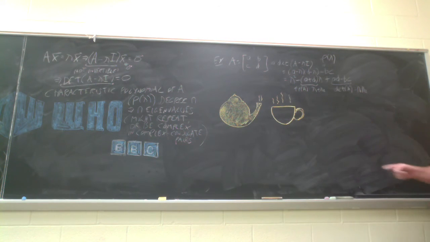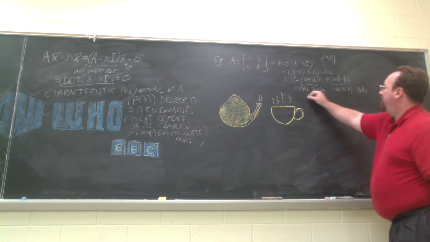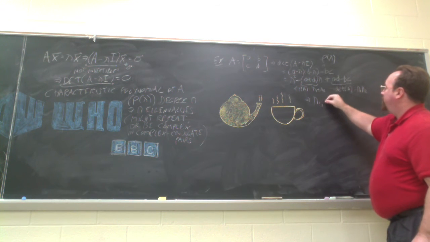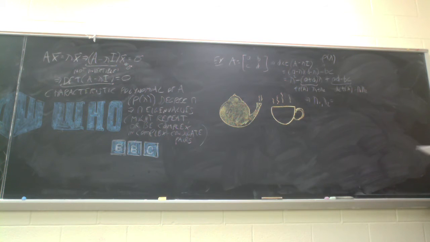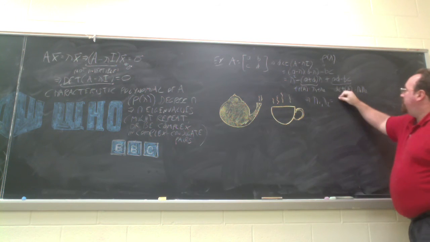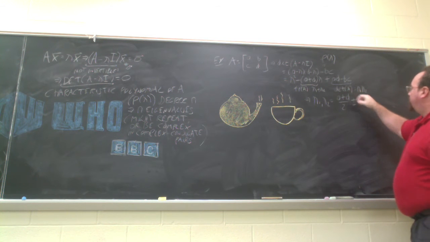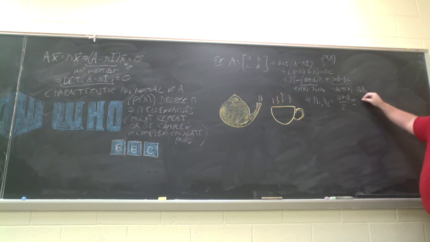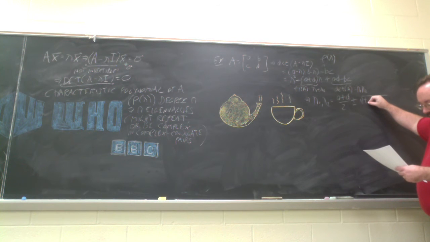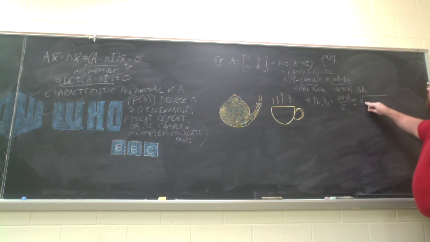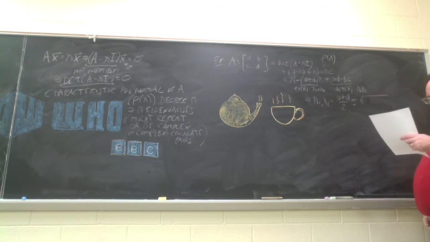So now you can go ahead and take the roots of this. The eigenvalues, which I'll call lambda 1 and lambda 2, are just going to be the roots you get by the quadratic formula. So it's going to be one half of the trace, plus or minus the square root of the trace squared minus 4 times the determinant.